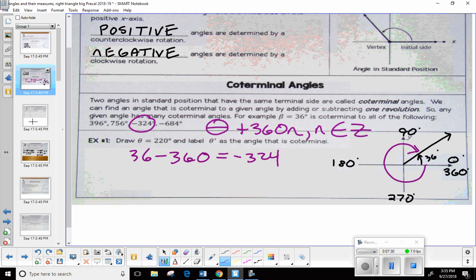Okay. Now remember, the integers were your positive counting numbers, 0, and they're what? They're opposites. So 1, -1, 2, -2, multiplying by 360 would have the same effect as what we were just doing.